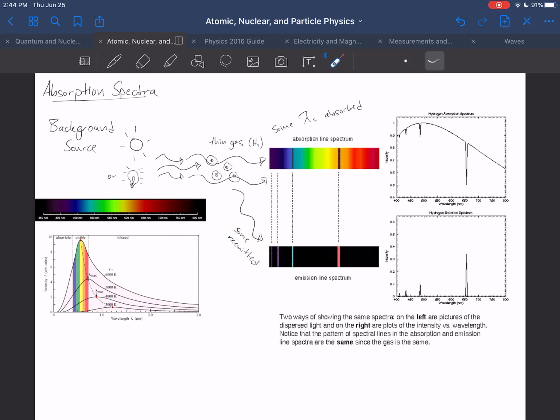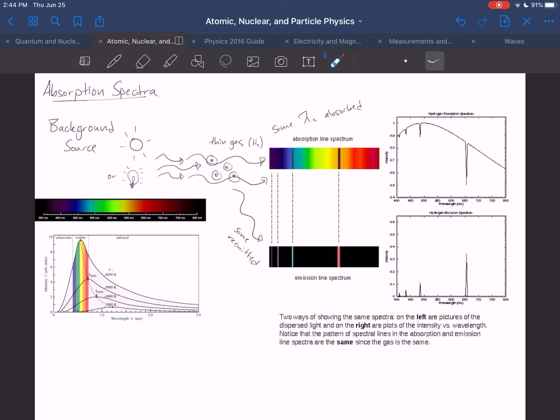But if you look through the thin gas, so let's say you're over here, for example, looking through the thin gas at the source, then you're actually missing some of the light that corresponds to that energy level.